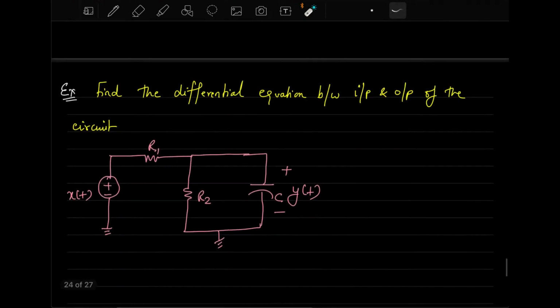We have input signal xt here, then a resistor R1, then a resistor R2, and then a capacitor C, and its corresponding output is yt here. You have to find a differential equation which relates yt with xt. Right now it's 8:26, so after 5 minutes, like 8:30 or 8:31, I will ask you the answer for this.